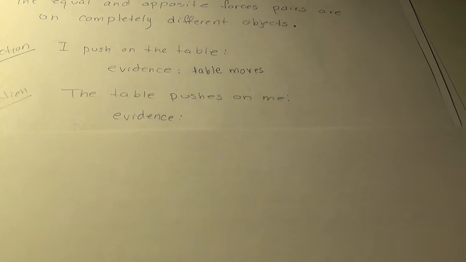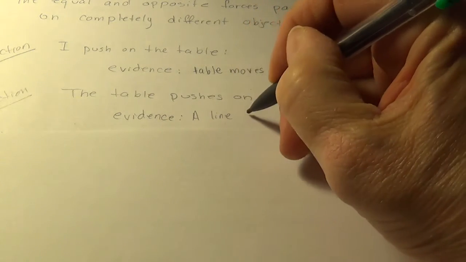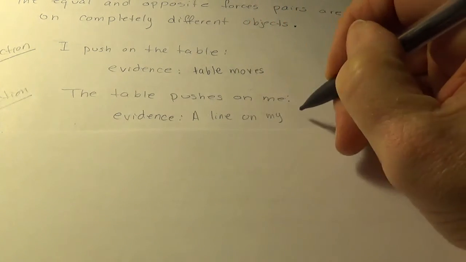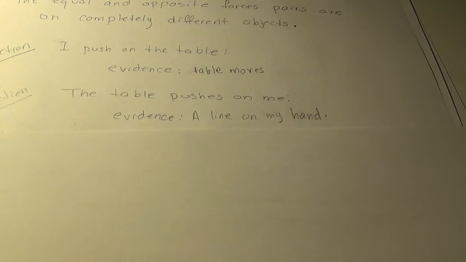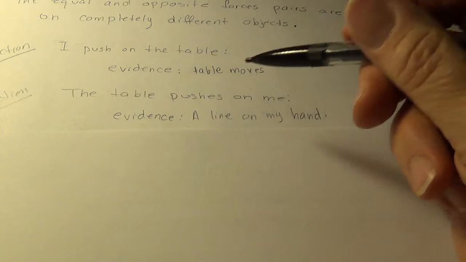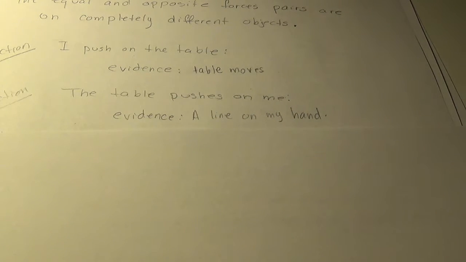There was a line on my hand, clearly evidencing, and I can feel the pressure there where it was exerting force on me. So I was pushing on the table and the table was pushing on me. So I can push the table and move it, but the table's going to push on me, evidenced by a line on my hand.